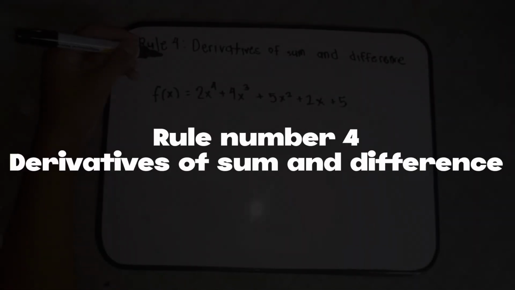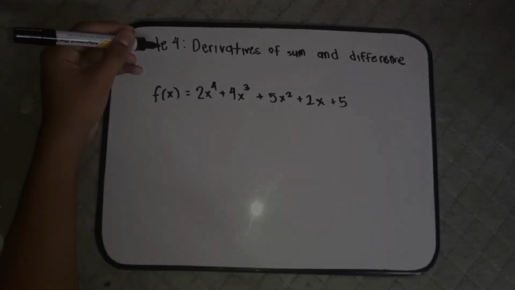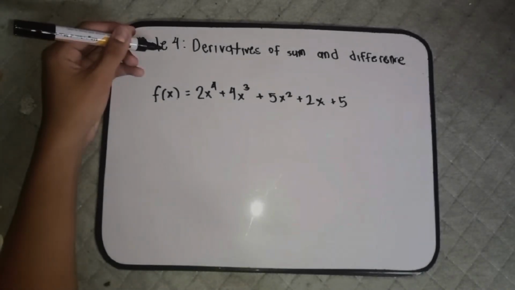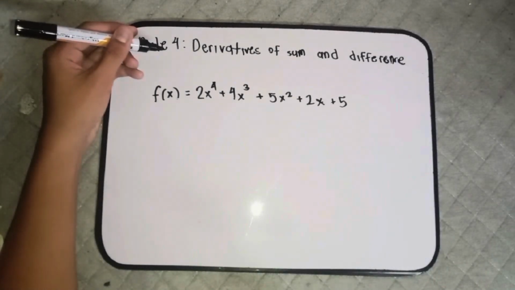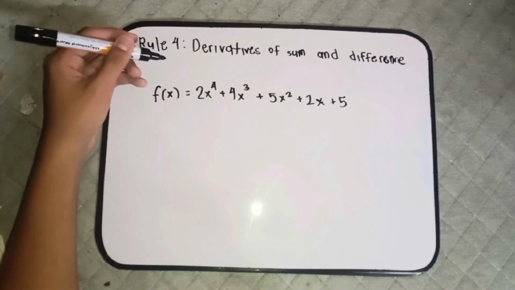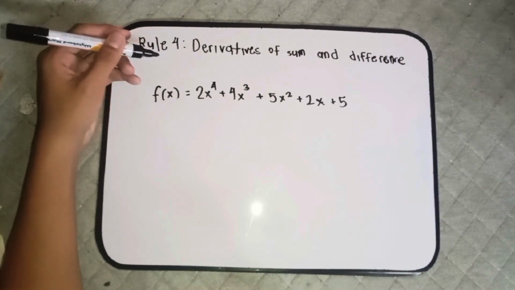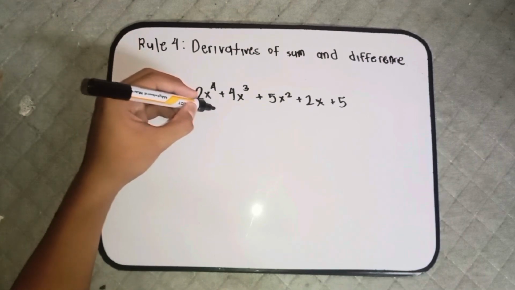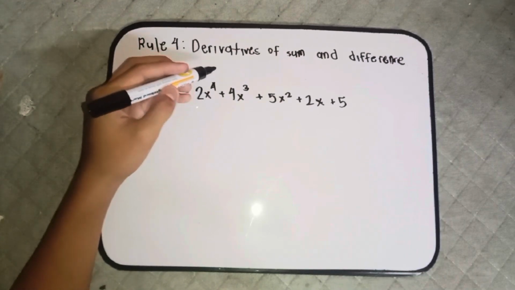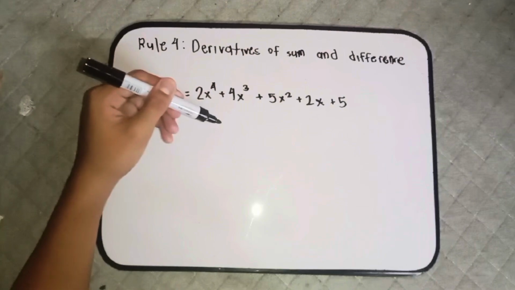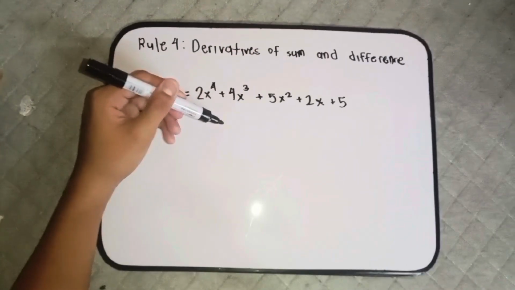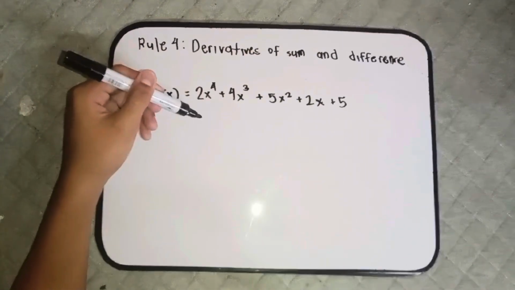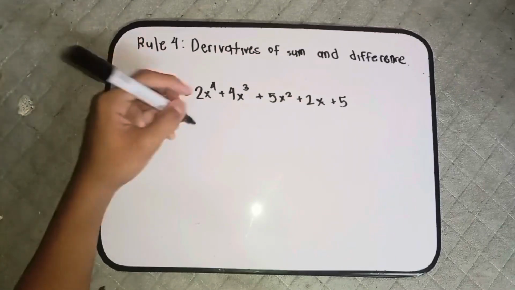Now moving on to rule number 4, the derivative of sum and difference. To find the derivative of a sum or difference, all we have to do is apply the first 3 rules that we discussed earlier. To find the derivative of 2x raised to 4 plus 4x raised to 3 plus 5x raised to 2 plus 2x plus 5, we have to apply the 3 rules that we used.